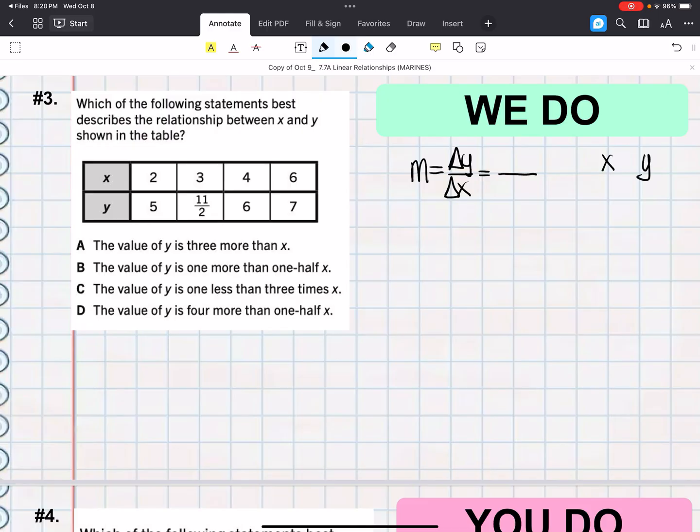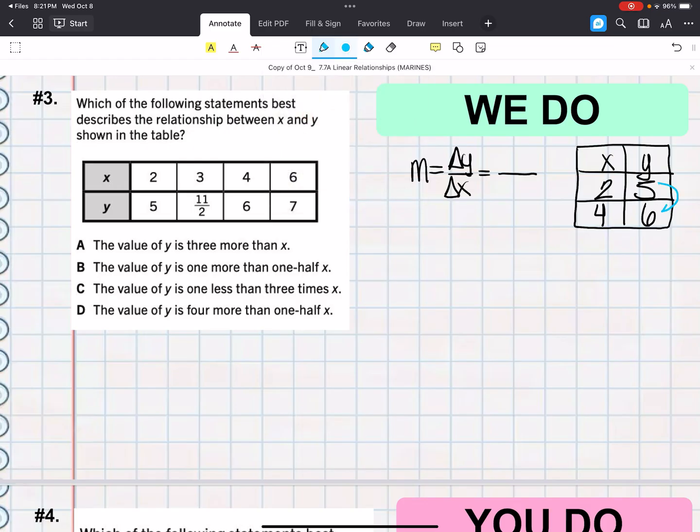So I can choose the first 2, X is 2, Y is 5, or because that's an improper fraction, I'm going to jump to X is 4, Y is 6. My change in Y is 1. My change in X is 2. This giving me my rate of change of 1/2.